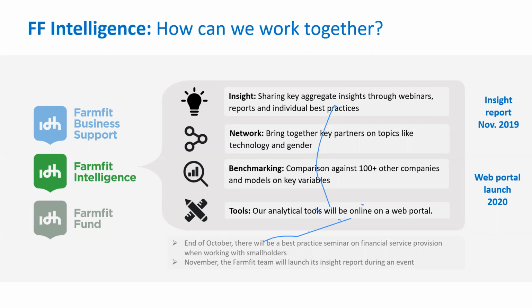I see a question coming from Carla. Hi, hello Heidi. Three questions. One is on the events, the dates, just to make sure it doesn't overlap with other events that IDH is organizing on living income. We also have a webinar at the end of October and a conference in November. So just to make sure we're aligned and we don't overwhelm our partners with events.